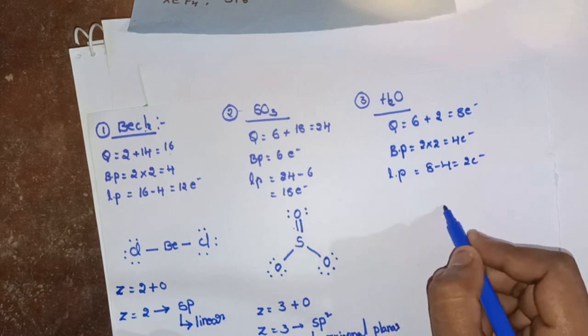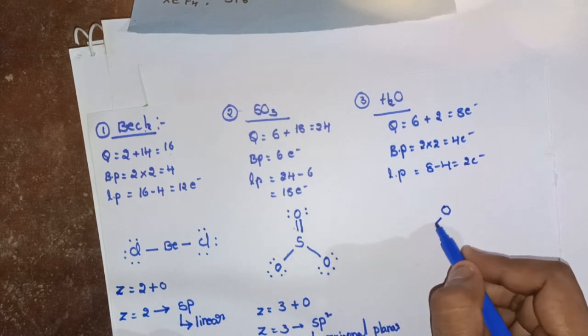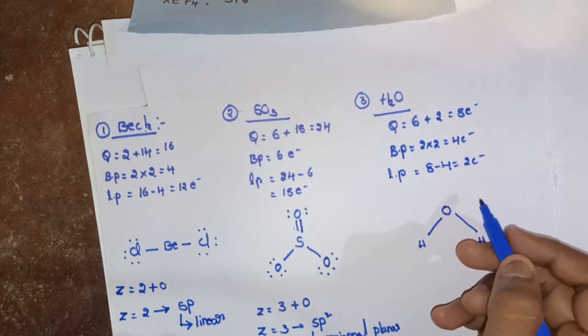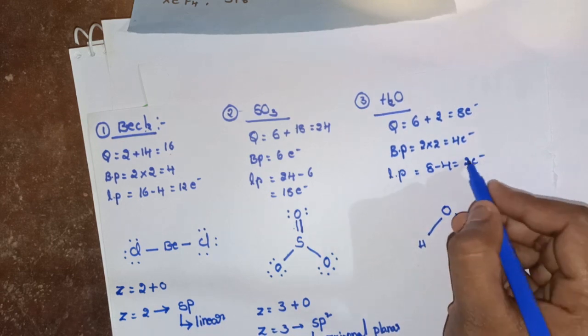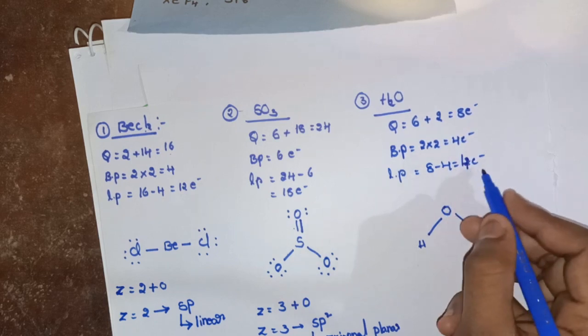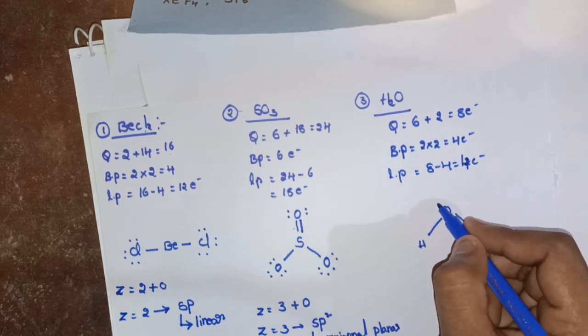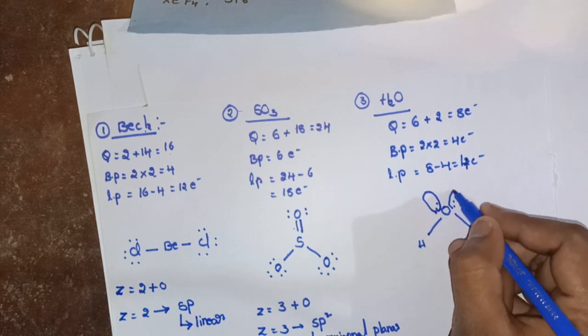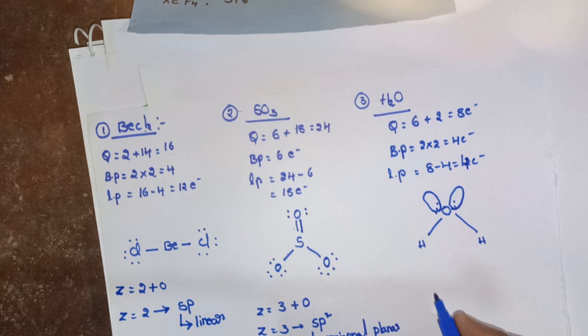That is, the H2O structure will be: number of lone pairs on the central atom, 4 electrons, that is 2 lone pairs.